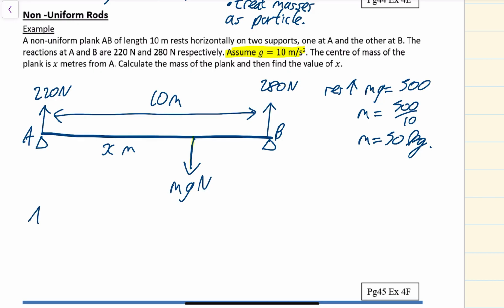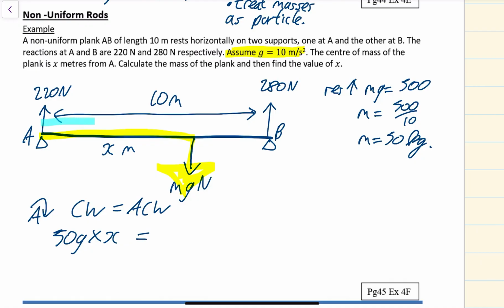And then I think the easiest thing to do, take moments about A, clockwise equals anti-clockwise. So clockwise in yellow would be this, which is my mg, now 50g, times the x, and anti-clockwise in blue is going to be this, which is 280 times 10.